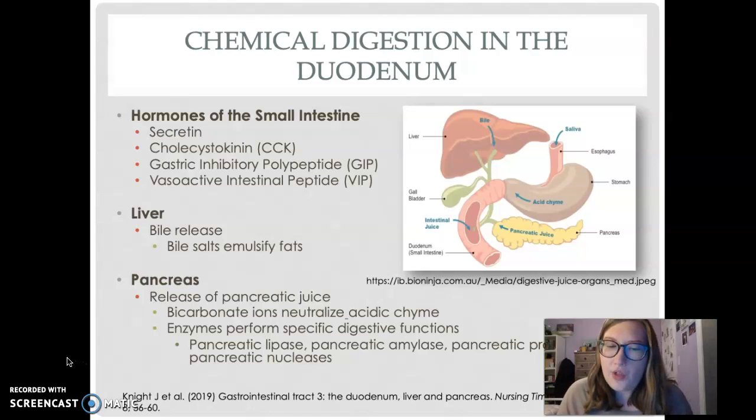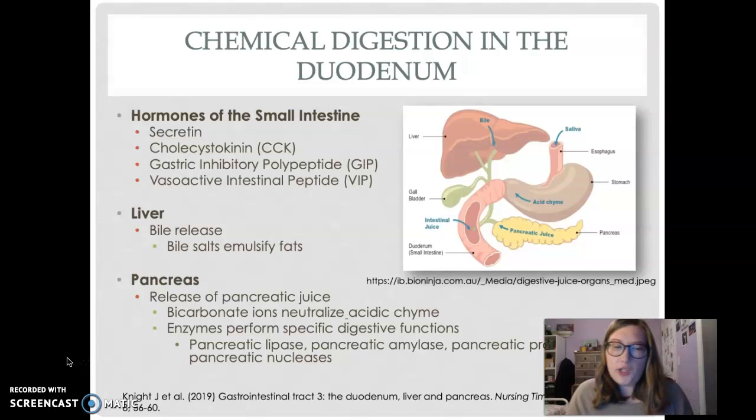Next, we have the hormone cholecystokinin, or CCK, which stimulates production of pancreatic enzymes, stimulates the release of bile from the gallbladder, and relaxes the sphincter of Oddi, which allows pancreatic juice and bile into the duodenum from the common bile duct.